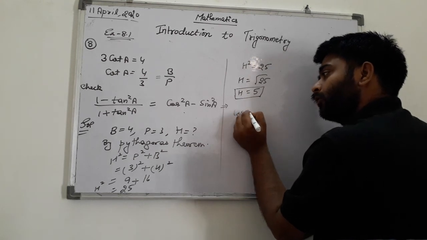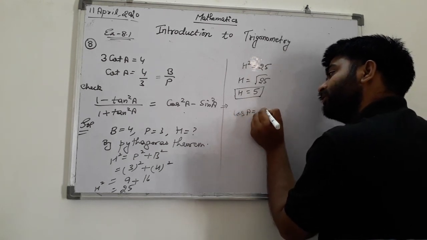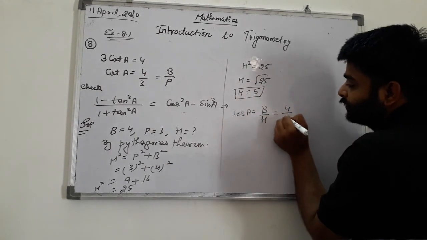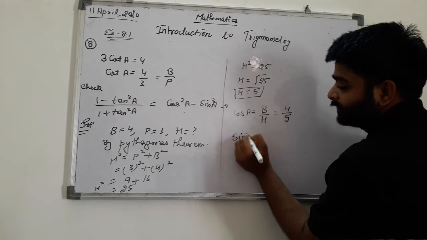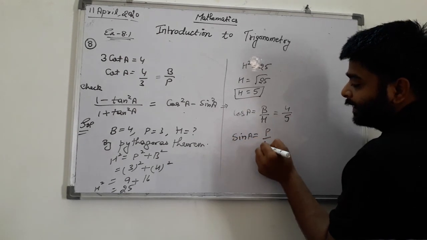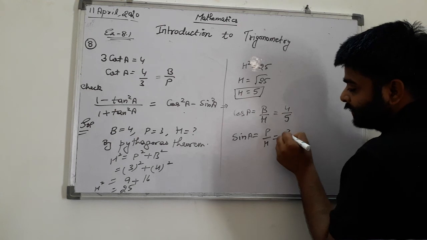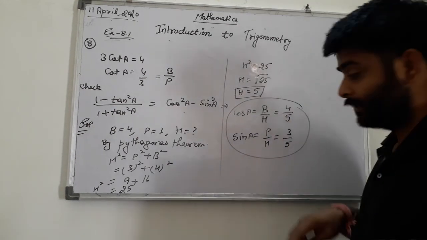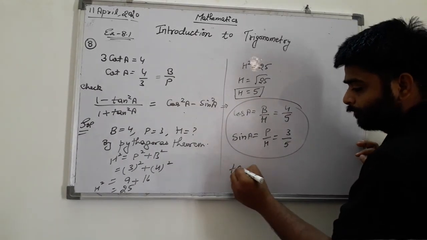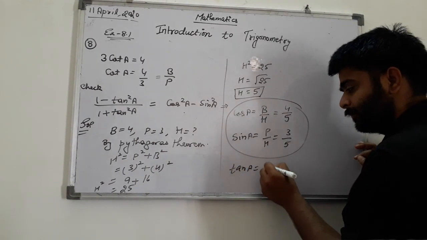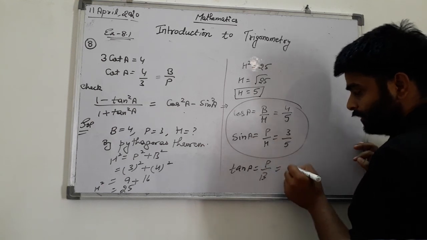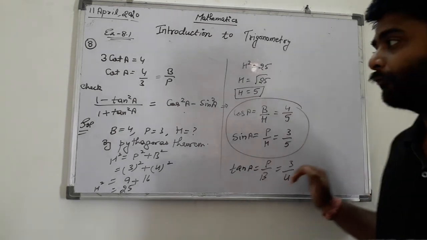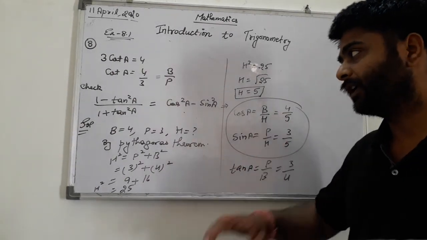Now, cos A equals to, what is there? Base upon hypotenuse. What is base? Base is 4, hypotenuse is 5. Sine, what is sine A? That is P upon h. What is P? P is 3. What is h? That is 5. That's the value of cos A and sin A. And for the tan, tan A is P upon B. What is P? 3. What is B? It's 4. Now class, the value which is required to us that we have to find, that is tan.